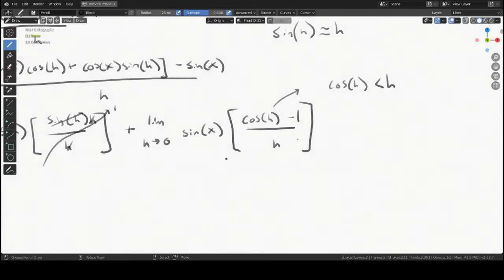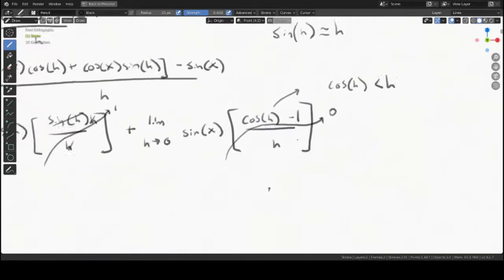Therefore, this whole term is going to go off to 0. There's probably a proof for this on Khan Academy or somewhere else on the internet, but just by intuition we can deduce that this goes to 0.